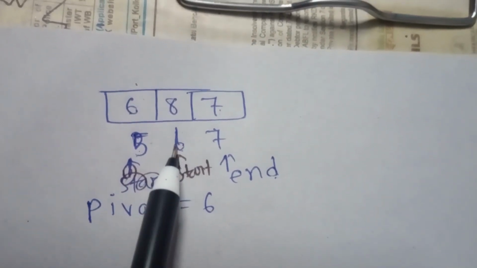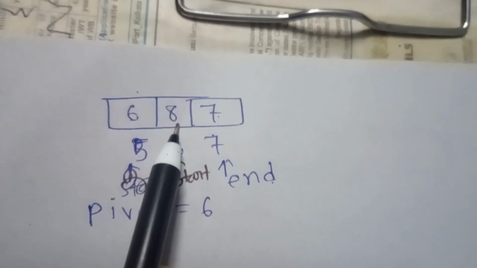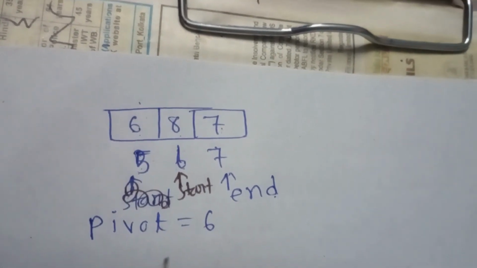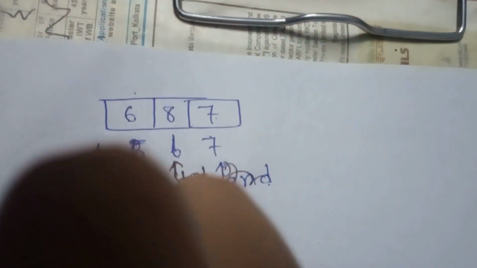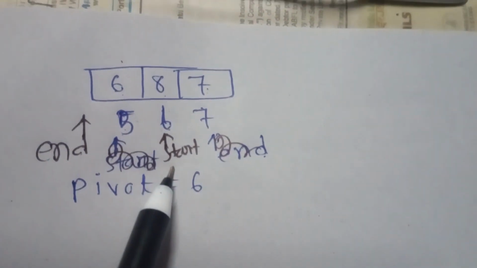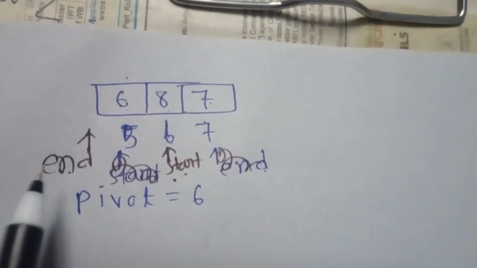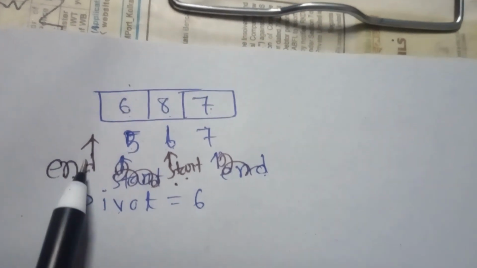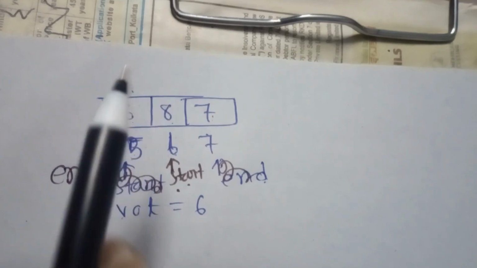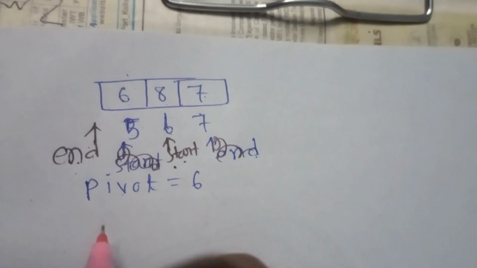Now the end is here, so 8 greater than 6, true. Now the end is here. As we can see that start is greater than end, so the swap is between pivot and end, but pivot and end are in the same position, so no swap.